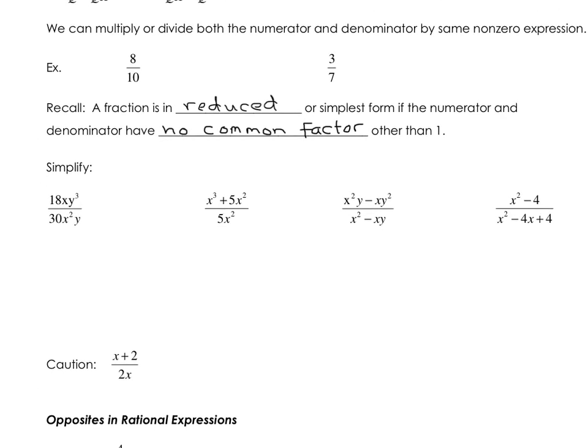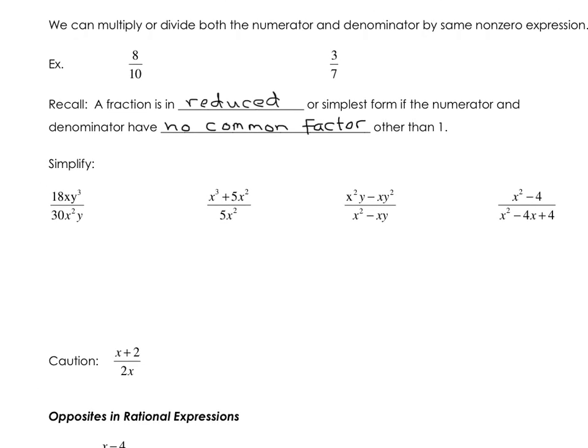We can multiply or divide both the numerator and denominator by the same non-zero expression. So we could multiply numerator and denominator just like we just did with 5 and get 40/50. We can also multiply numerator and denominator by something like x plus 1.